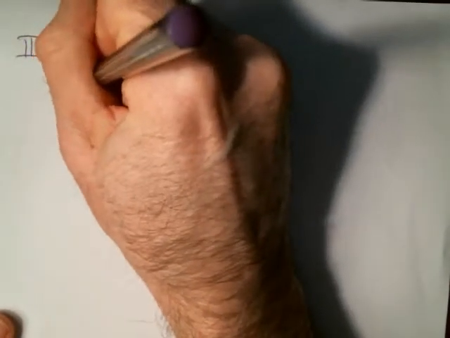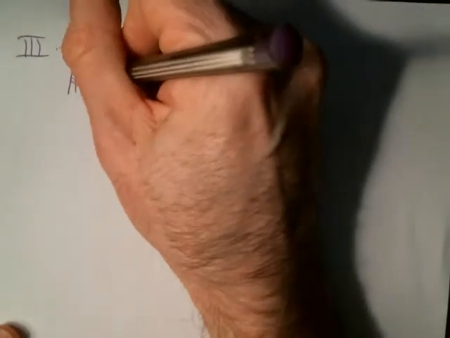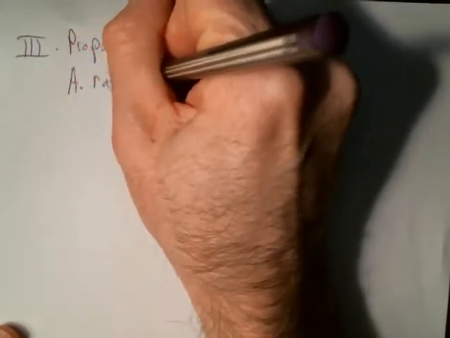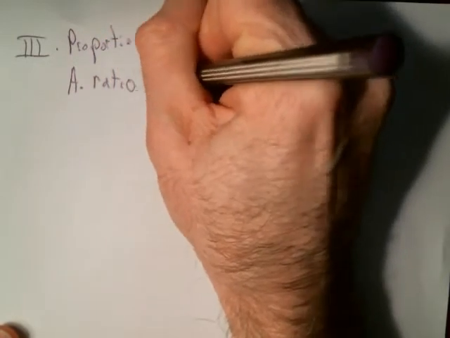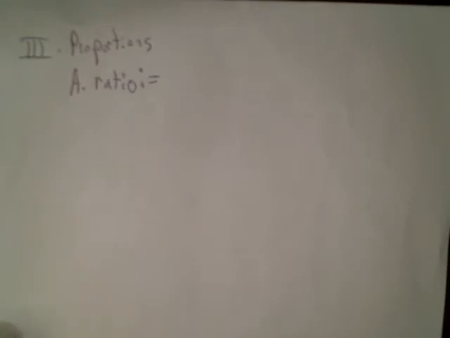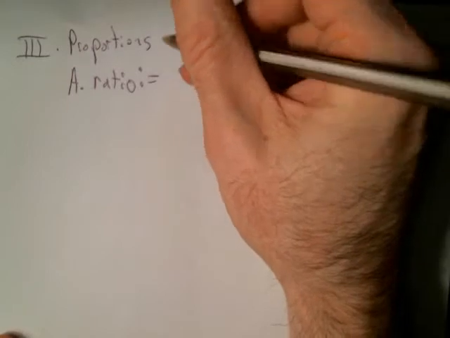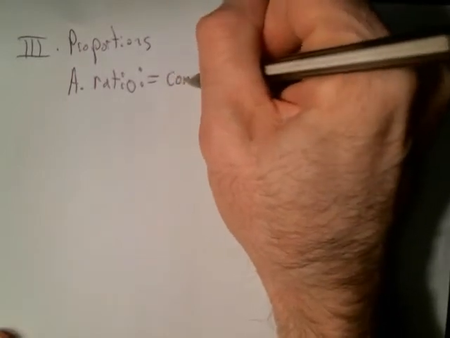First off, a proportion is an equation, and on either side of the proportion is a ratio. If you remember, that word ratio comes up in rational expressions. Ratio is basically just division. It's technically a comparison by division.